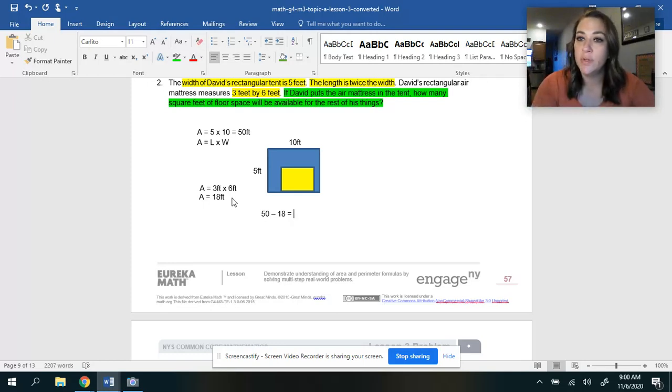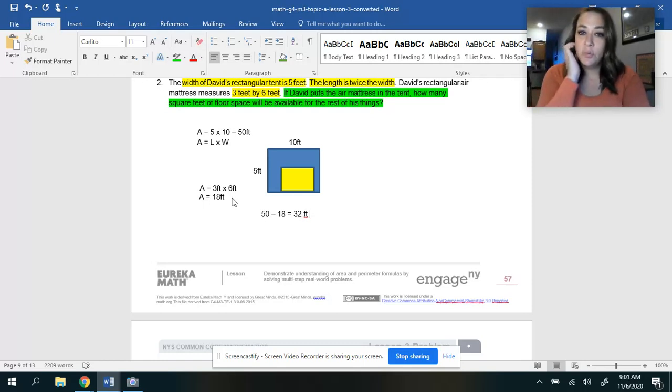You can say, well, 2 more would be 30, and then 20 more would be 50. So you can use your counting up skills. However you want to do the subtraction, that's up to you, okay? But 50 minus 18 is going to give us 32 feet.